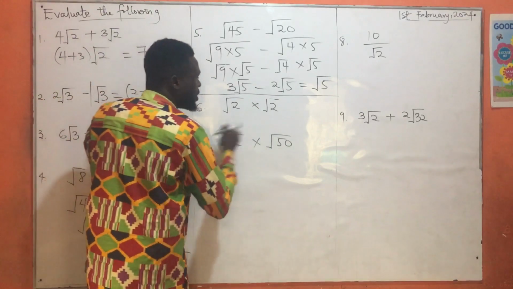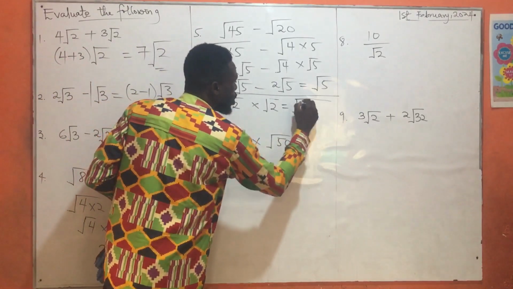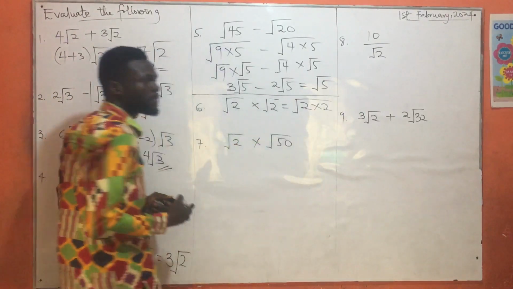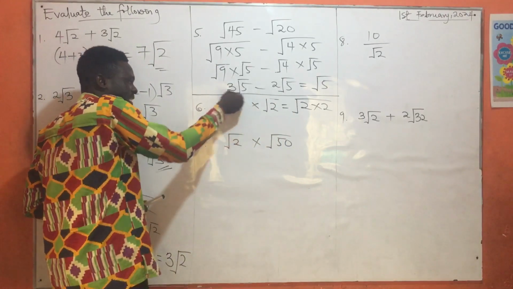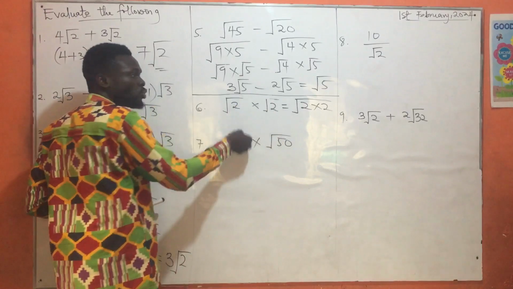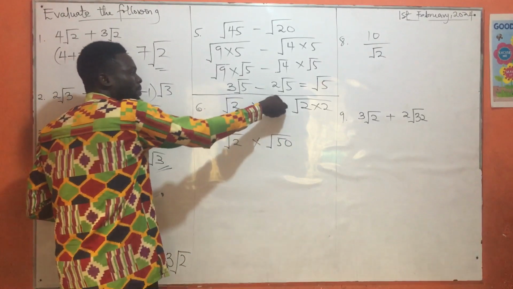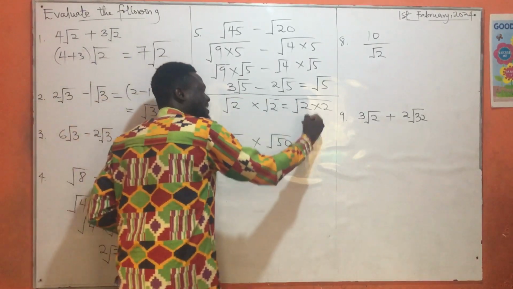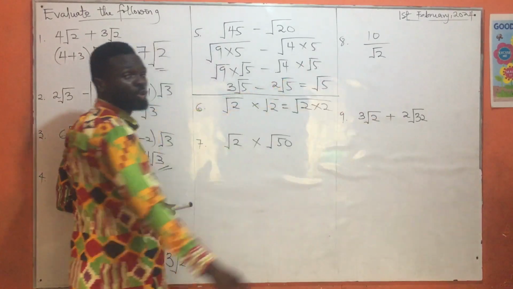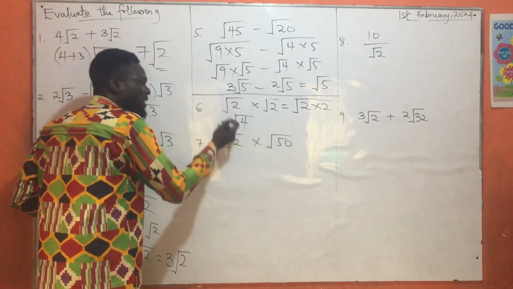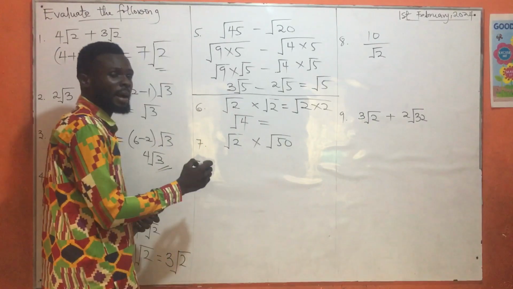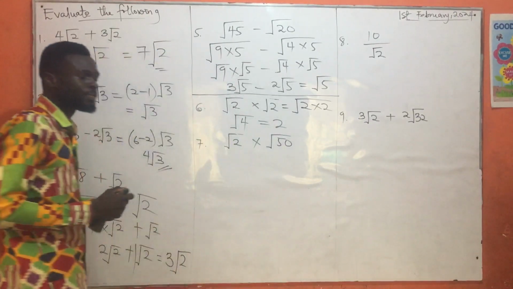So this is going to give you the square root of 2 times 2, because surd 2 is multiplying surd 2. When surd 2 multiplies surd 2, it will give you surd 2 times 2. And 2 times 2 is what? Is 4, which is a square number, and gives you an answer of 2.